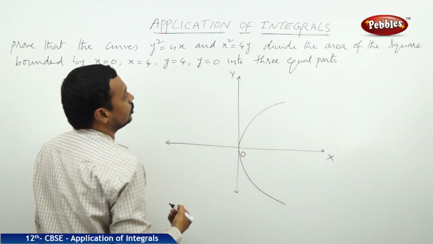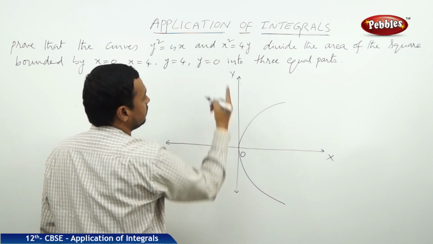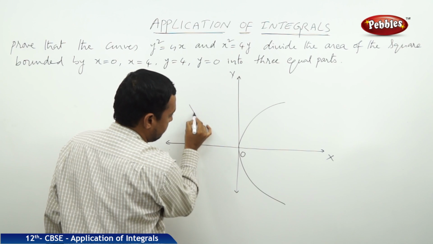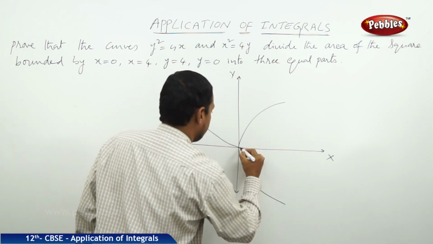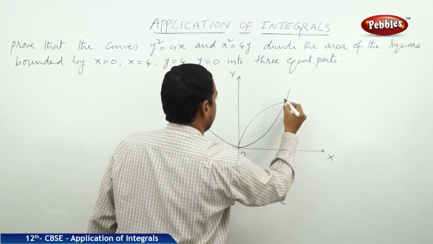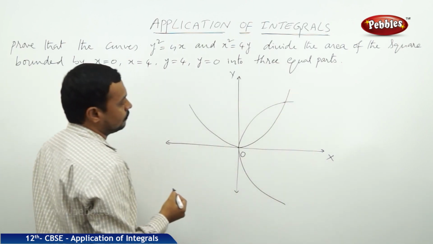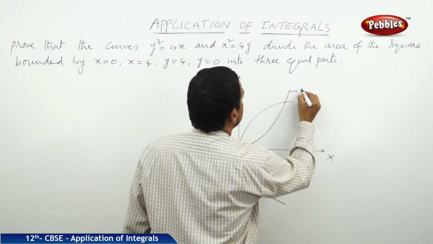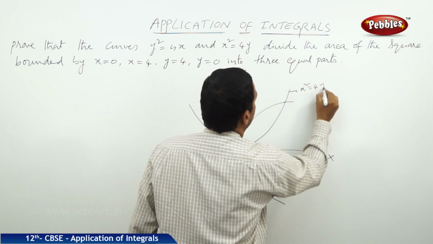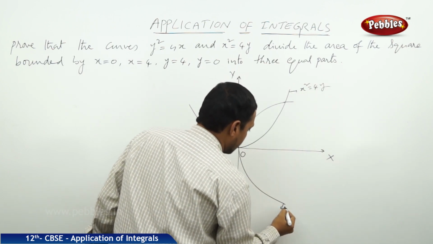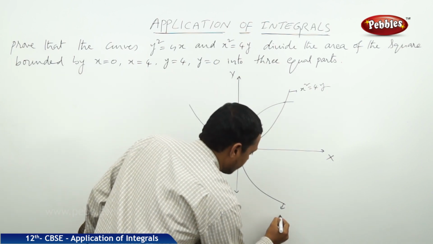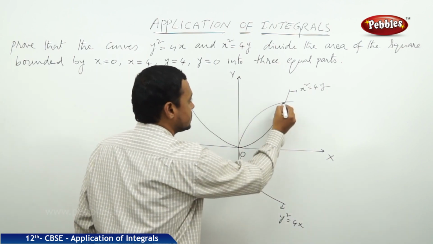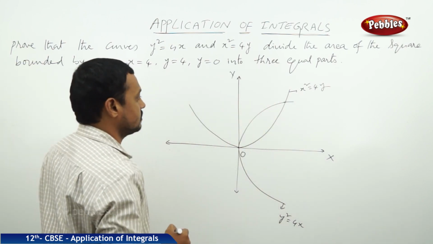X square is equal to 4y is a parabola symmetric about the y-axis like this. Now this is the curve x square is equal to 4y, and this is the curve y square is equal to 4x, and both are intersecting at two distinct points.